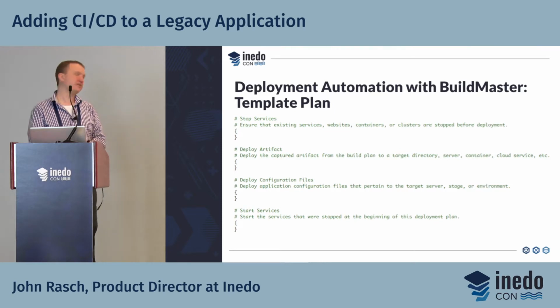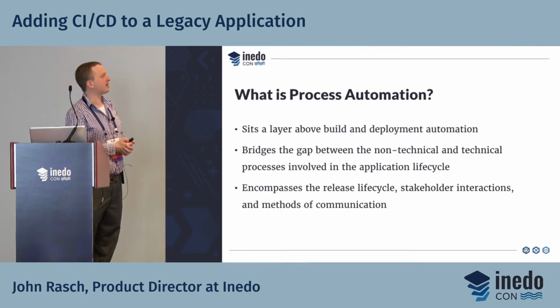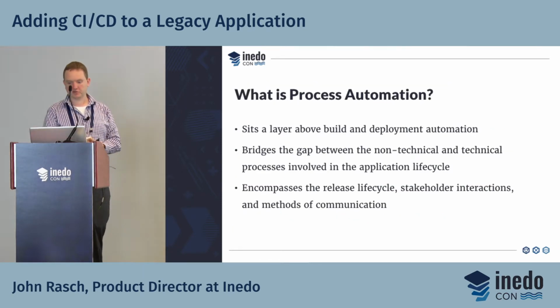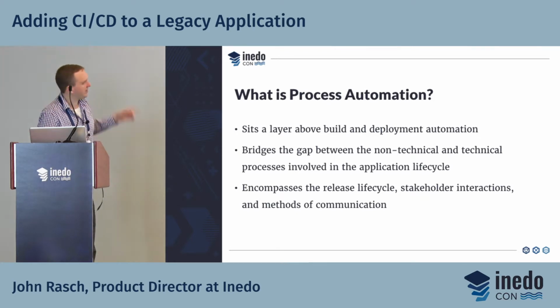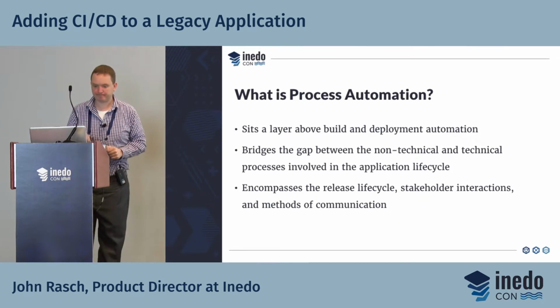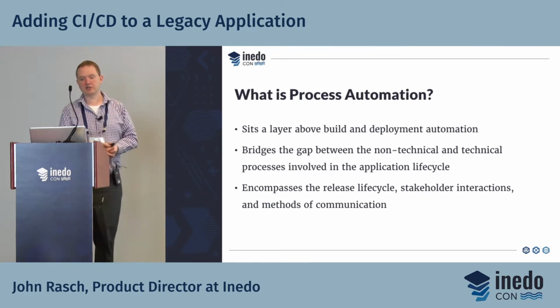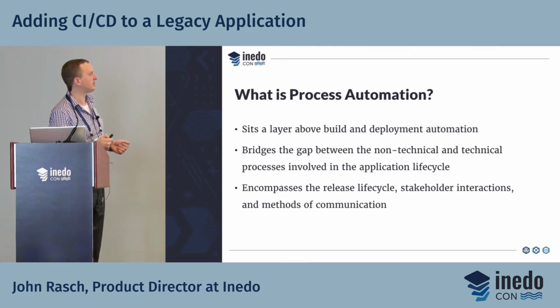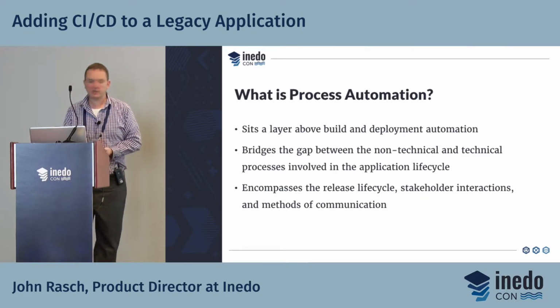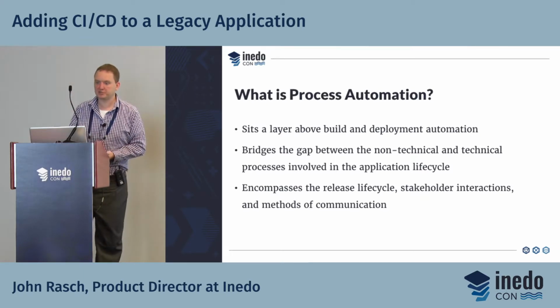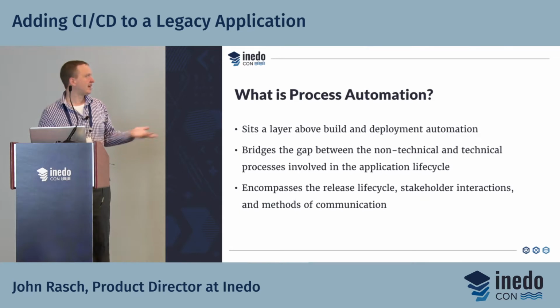So one of the final pieces that's not talked about as often is process automation. So what am I talking about? This sits a layer above build and deployment automation. It bridges the gap between the non-technical and technical processes involved in the application lifecycle. So what does that mean, bridges the gap?